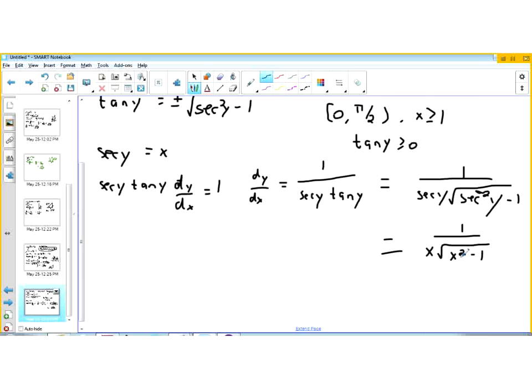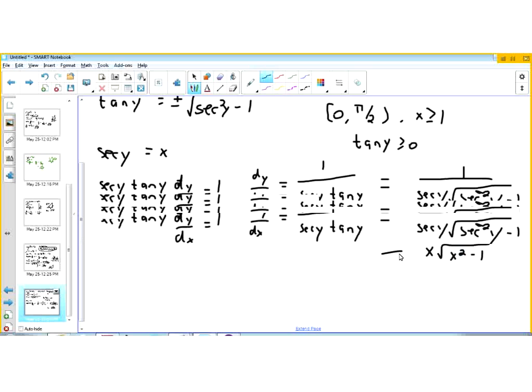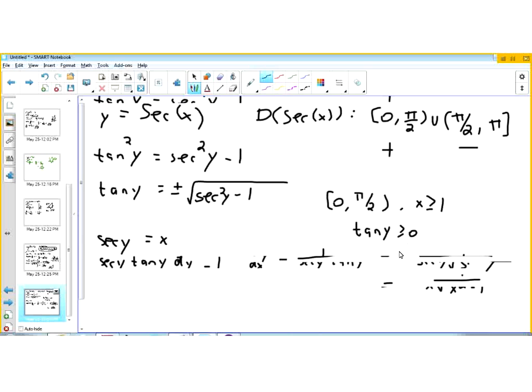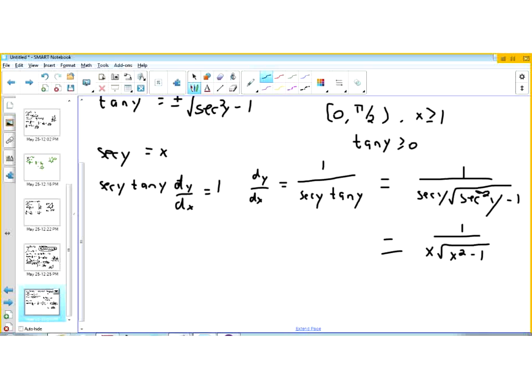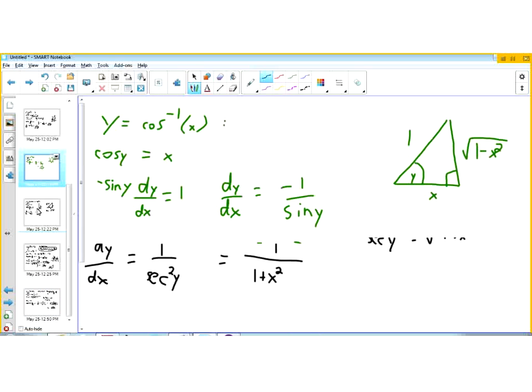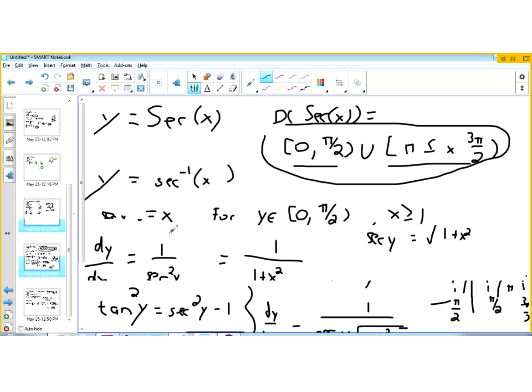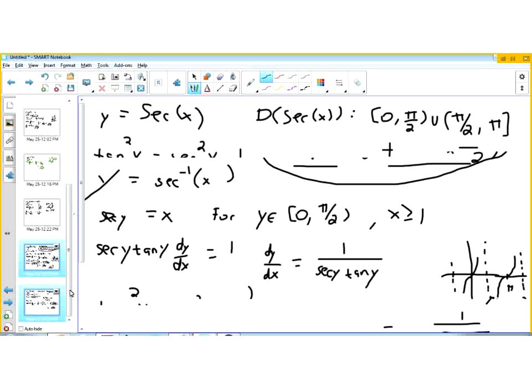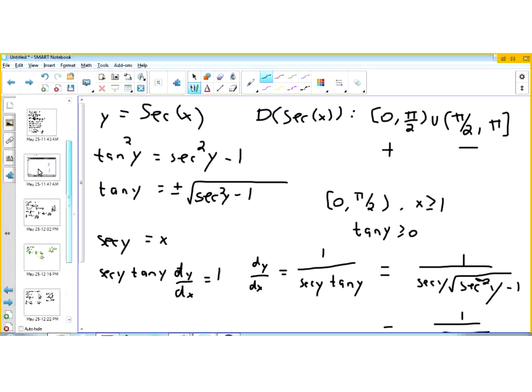the sign is correct. All right, so now what remains is to check for pi halves to pi. Now, looking at our graph, can we go back to our graph? Did I lose my graph? I must have lost my graph.